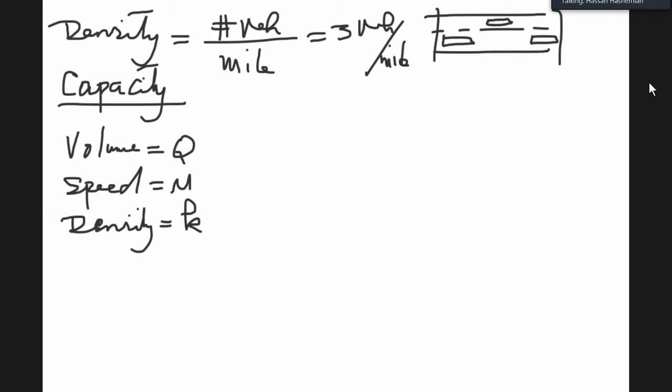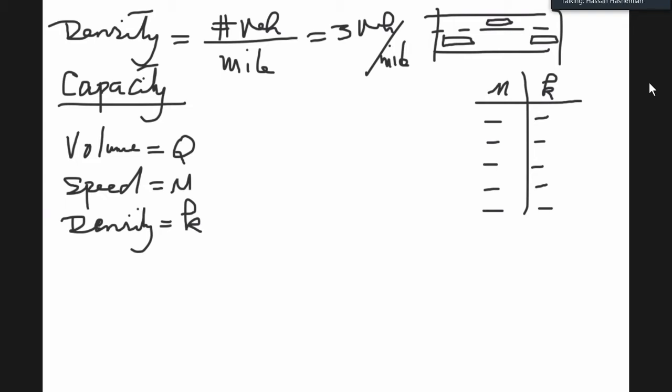So if I go out on the traffic and measure the speed and the density, I measure what the speed of the cars is and what the density is at that time. So I have a bunch of points where I measure speed and density.